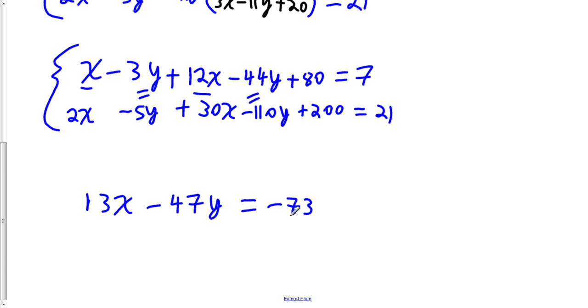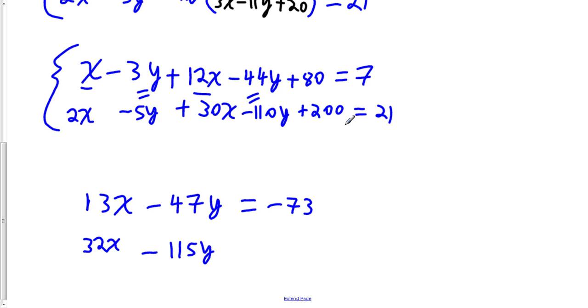All right, now, moving along here, the bottom one is going to have me combining 2x and 30x to make a 32x. Combining a negative 5y and a negative 110y to make a negative 115y.